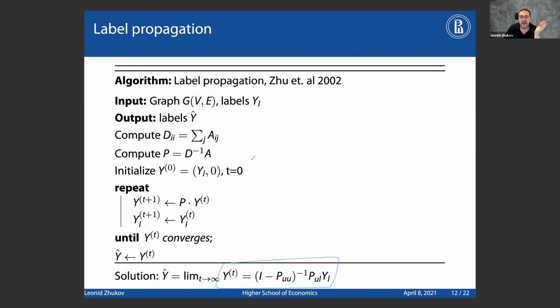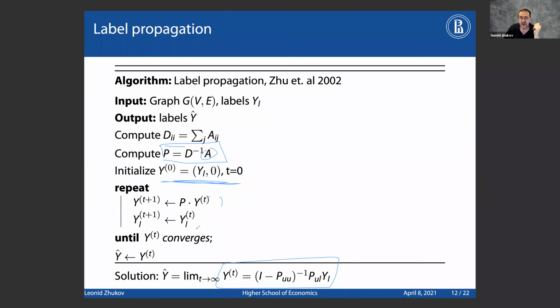And pretty much the only thing you need to do is compute the diagonal and the transition probability matrix for your graph by normalizing your adjacency matrix. You initialize the nodes to carry the labels that you have, and you just iterate.